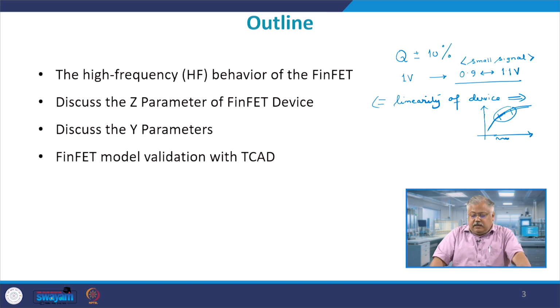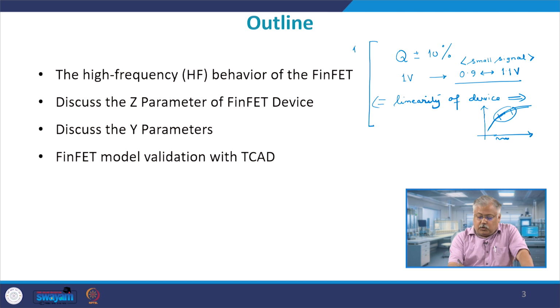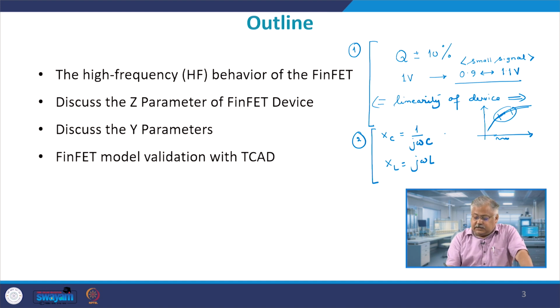This is one thing. The second thing which I want you to take care of before we move forward is two things. One is known as the capacitive reactance and is given by 1 over j omega C, and we have inductive reactance which is given as j omega L, right, which means that at very high frequencies, when omega becomes very large, then Xc actually goes to 0 or the capacitor is shorted, right.